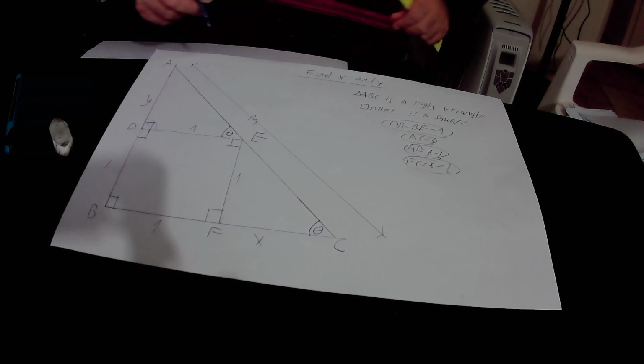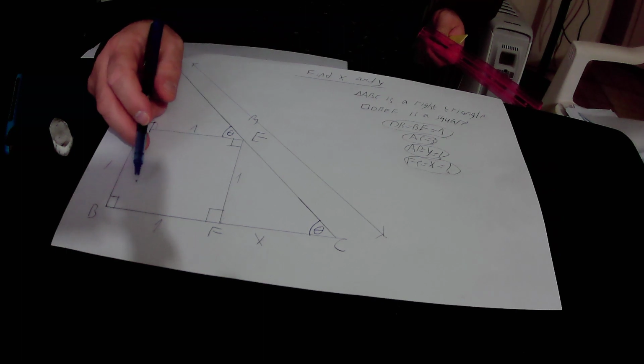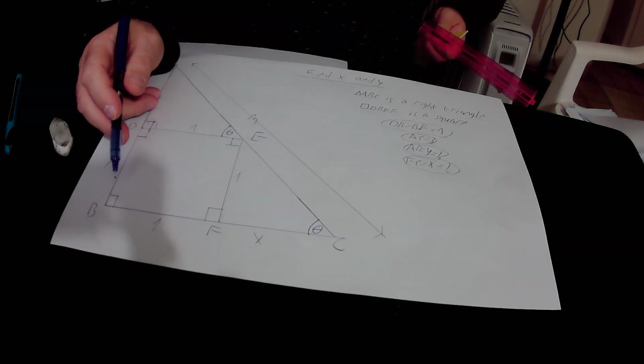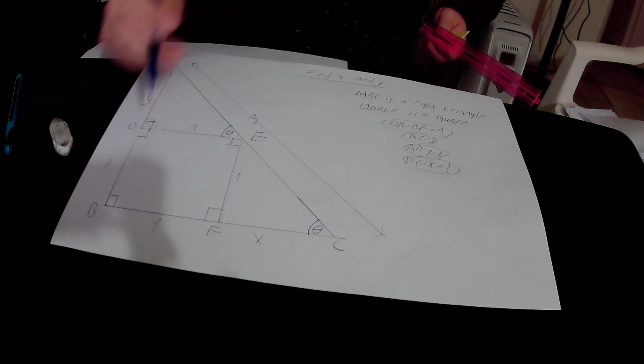Likewise, BC is a straight line because it's one side of the right triangle, triangle ABC.